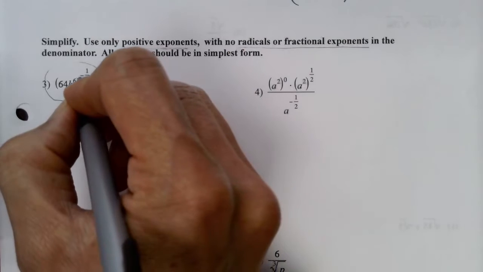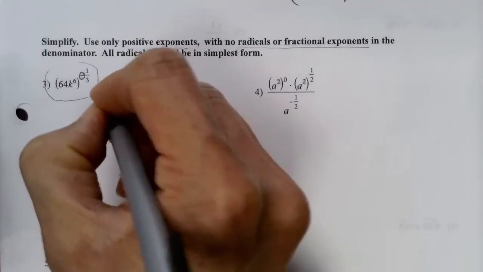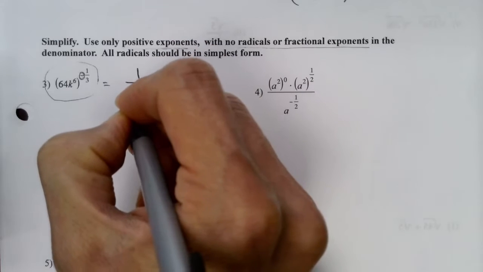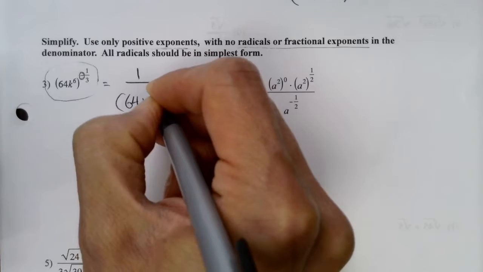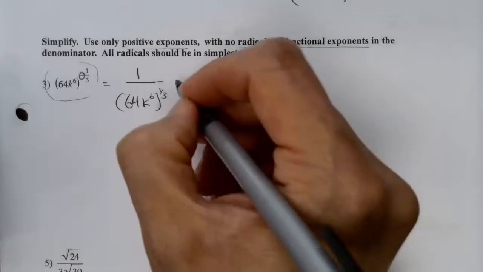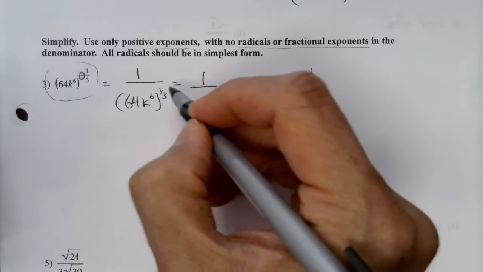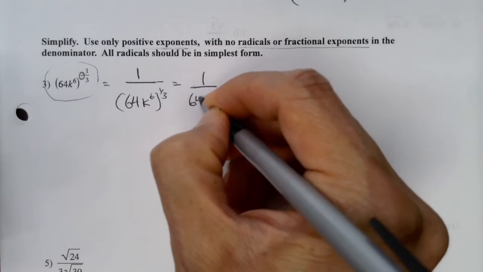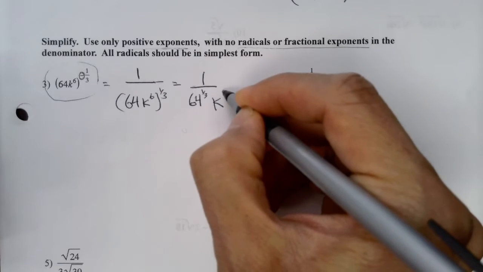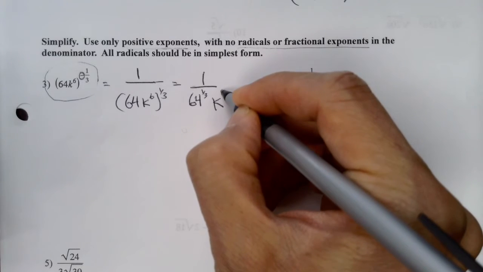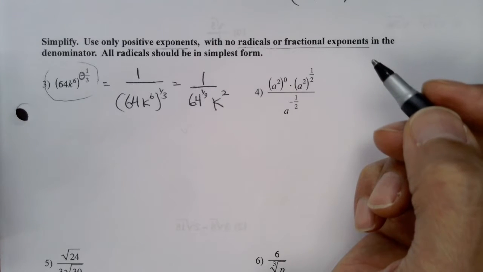First of all, I've got that negative here, so I could rewrite this as 1 over 64k to the 6th to the 1/3 power, which would then be, I could take the 1/3 power of the number inside, so 64 to the 1/3 power, and k to the 6 times 1/3, 6 over 3, which is k to the 2nd power.